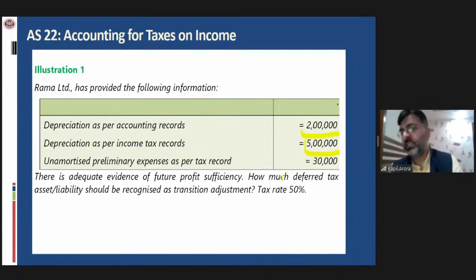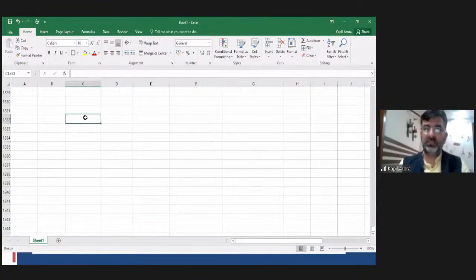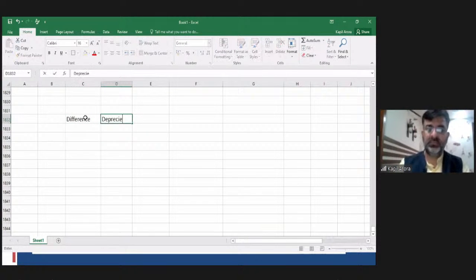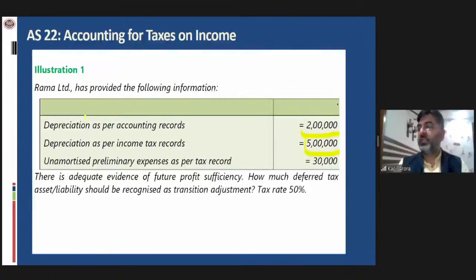Here I have not considered 30,000. So we will record that as well. So my difference would be for depreciation and preliminary expense.